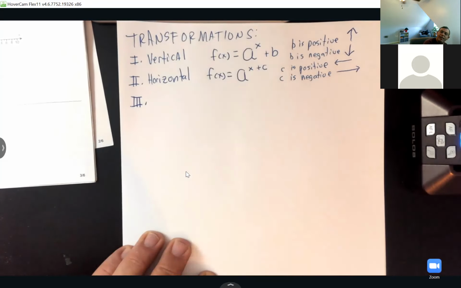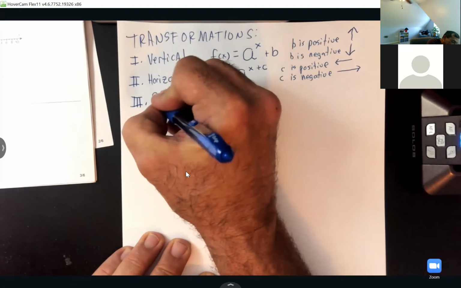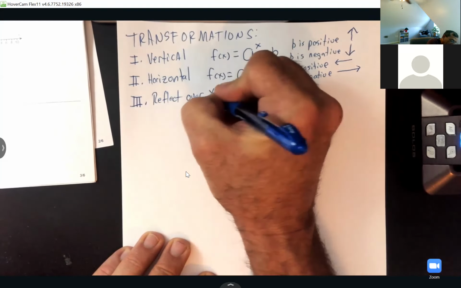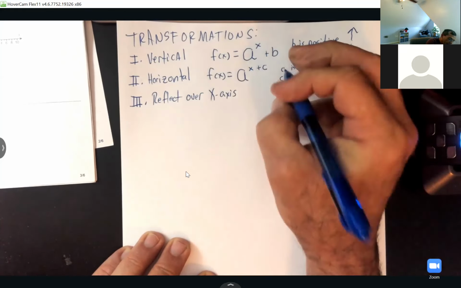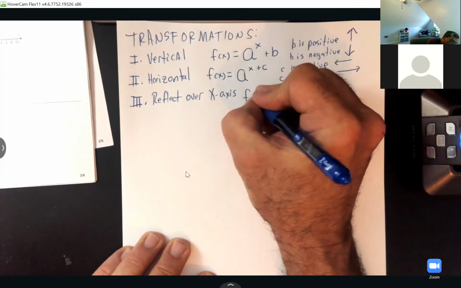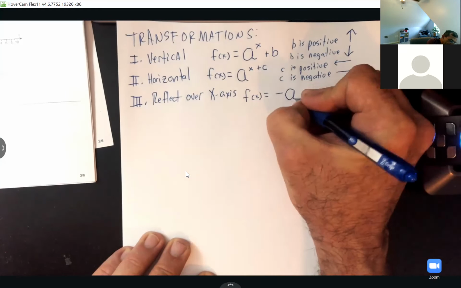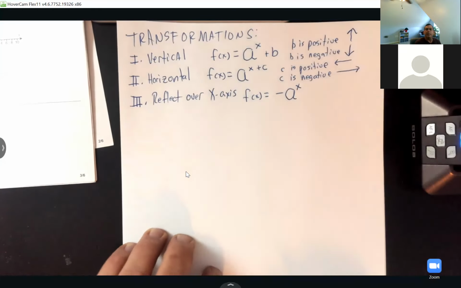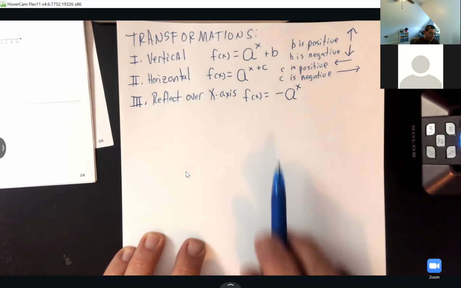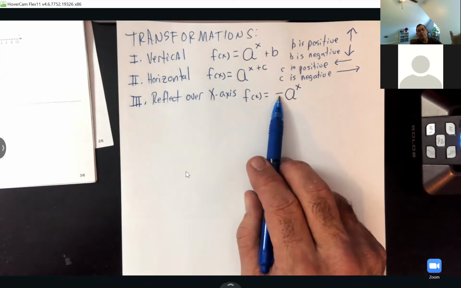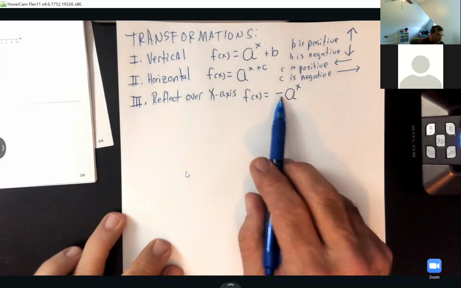Next move was reflecting over the x-axis. That'll be f of x equals negative a to the x. So all they did was throw a negative in front of my base, and that's going to flip me over that x-axis.